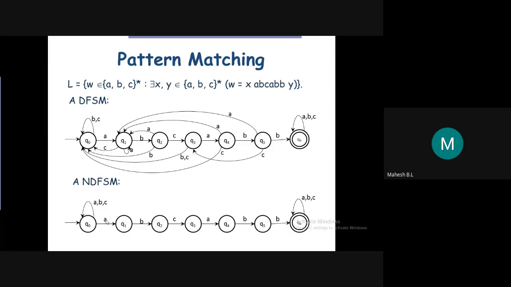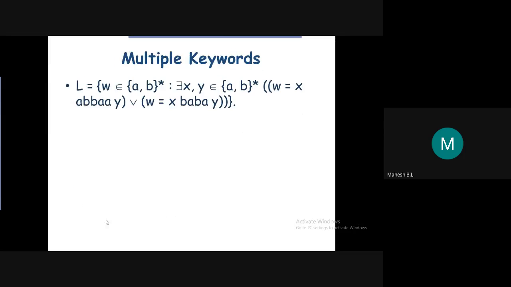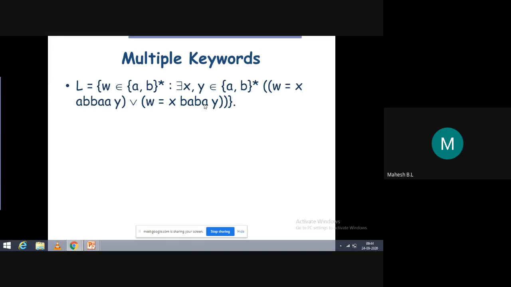So this is the previous example discussed in the previous class. Next we'll consider another example, multiple keywords. Here the language is over the alphabet {a, b}, such that for each w in {a, b}*, w contains either abbaa as a substring or baba as a substring.